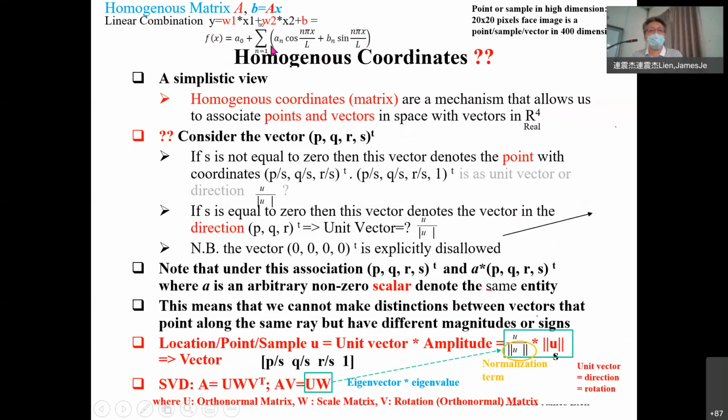So the same is linear combination. I just try to let you know all the linear combination, no matter whether it's signal processing or deep learning, is the same. And those formats can be x equal to b.